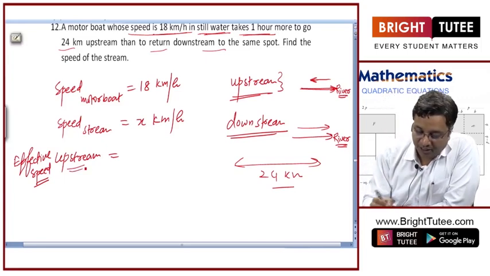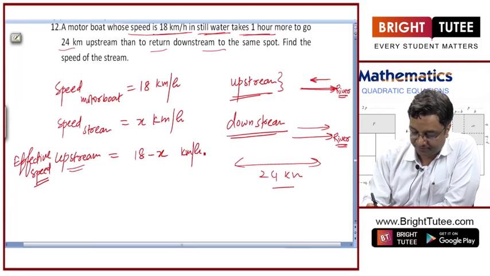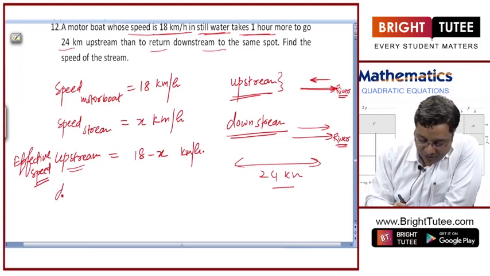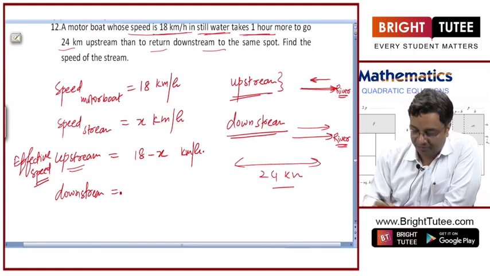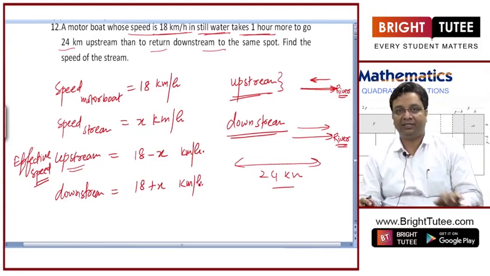So while going upstream, the speed will be 18 minus x kilometer per hour, right? And when I go downstream, the effective speed will be 18 plus x kilometer per hour, right? The river will help this time.